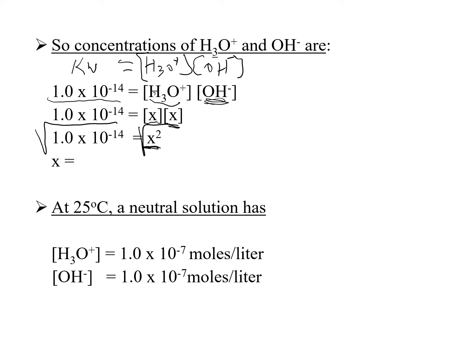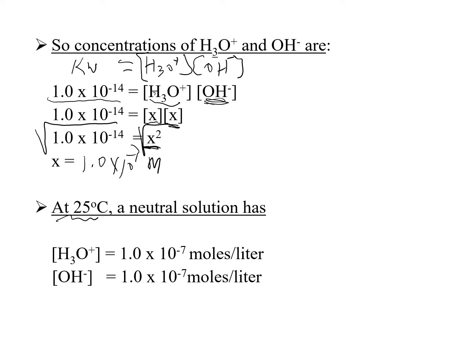The square root of 1 times 10 to the negative 14th is 1 times 10 to the negative 7th. So this is the concentration in molarity of x. X is hydronium ions and hydroxide ions. This is occurring at about room temperature, about 25 degrees.